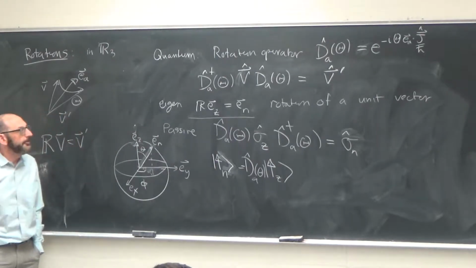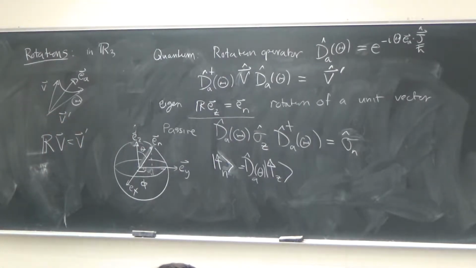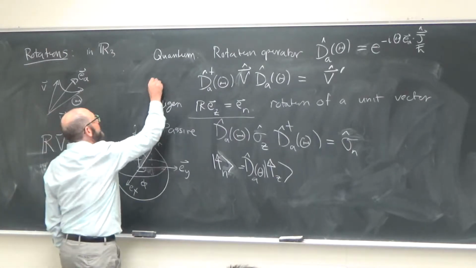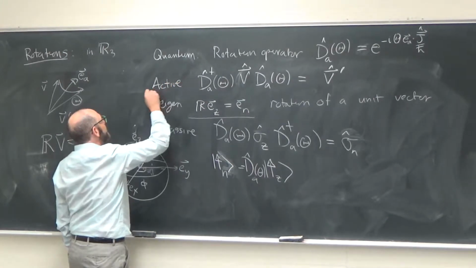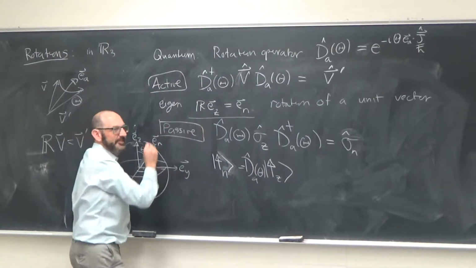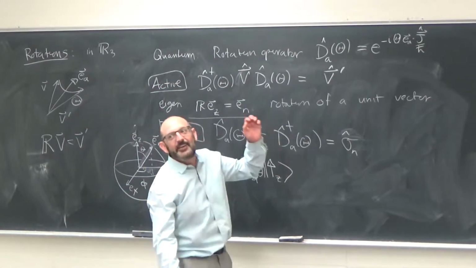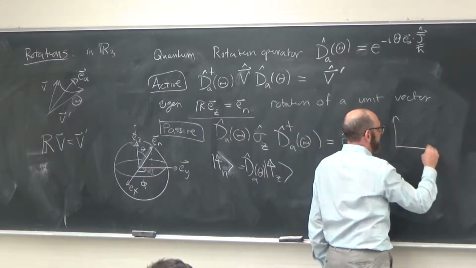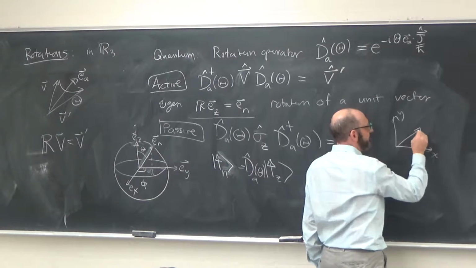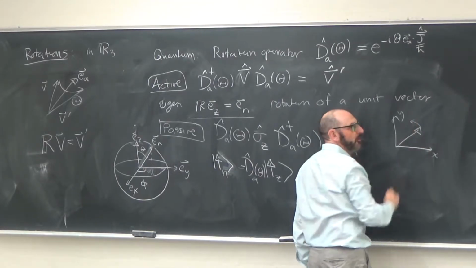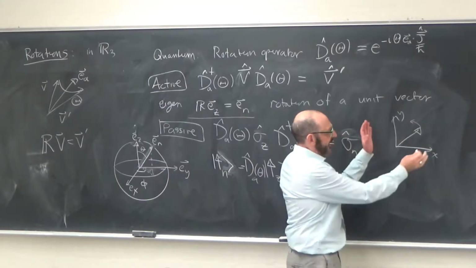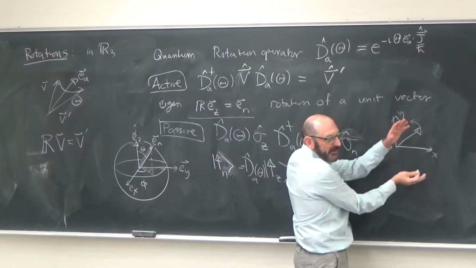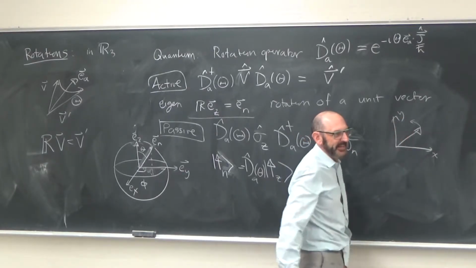I have a question. Yes, sir. You have D dagger VD, but then on the next line you have... I know, because this one is active and this one is passive. And that was my little nod, right? If I have some coordinate system, x, y, and I take the vector v and I actively rotate it, I do it the other way on the coordinate system to do a passive rotation.